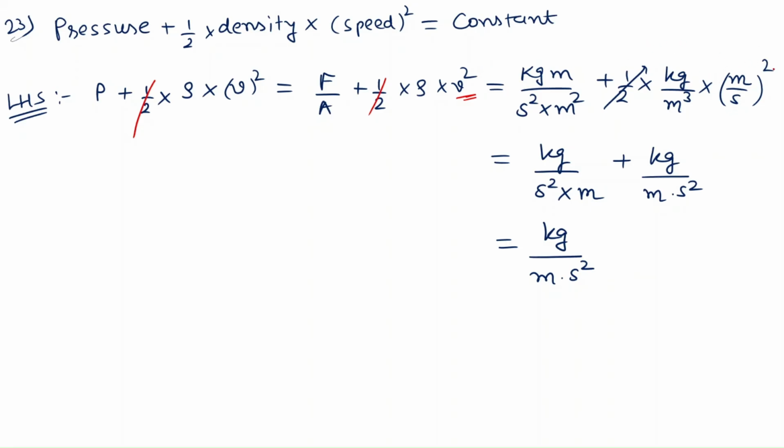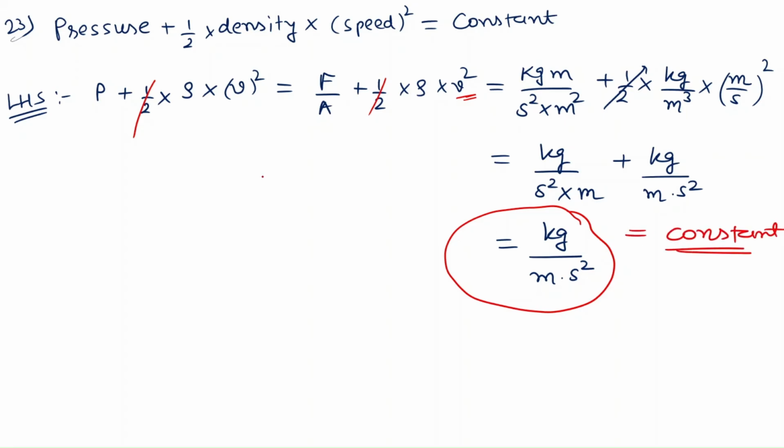Now substitute these values here and you are left with kilogram per meter second square. So it is the same SI base unit of the constant as well, because this formula is homogeneous.